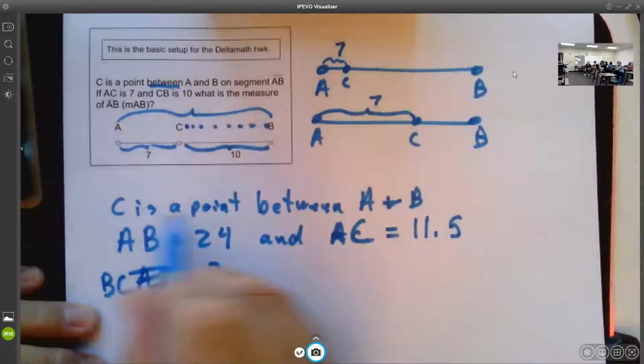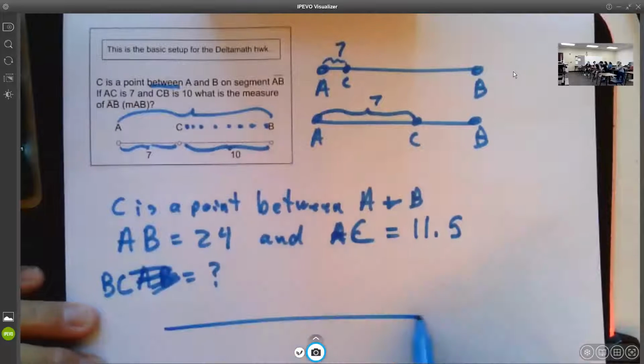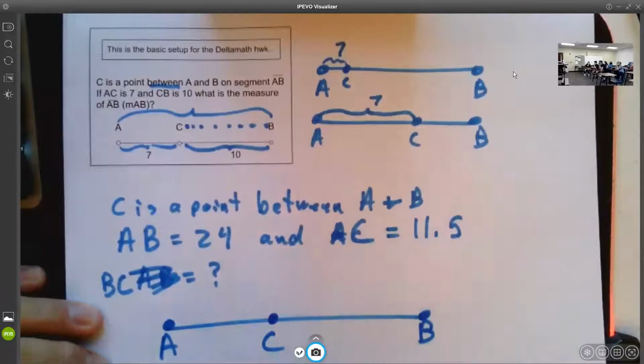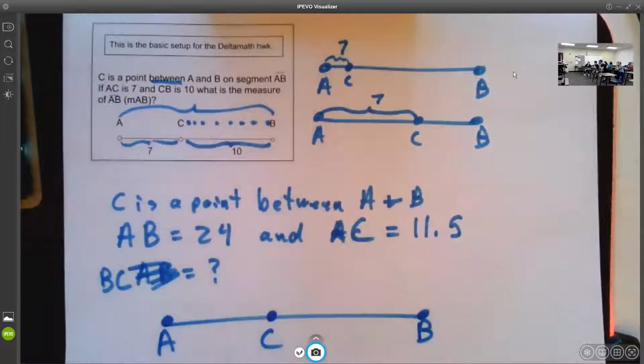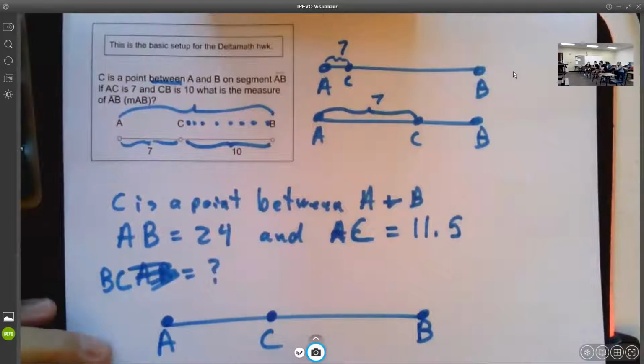It says C is between A and B. And I just put it randomly somewhere in the middle. What do I do next? What do I need to put on here next? The numbers. Which numbers? Which one do you want to do? CB actually. CB.